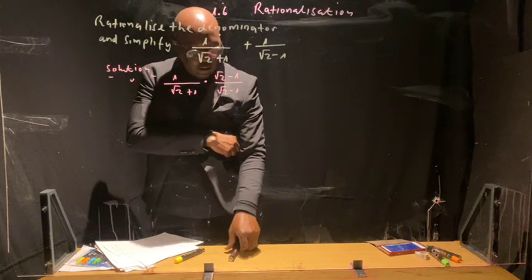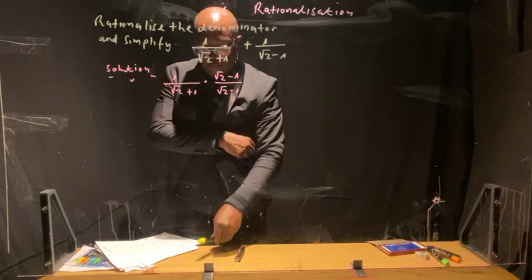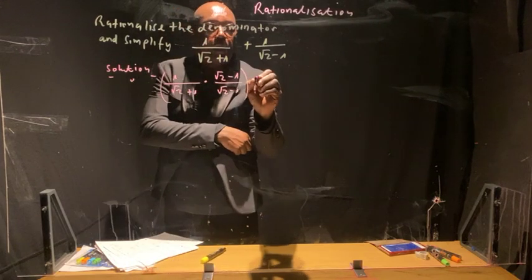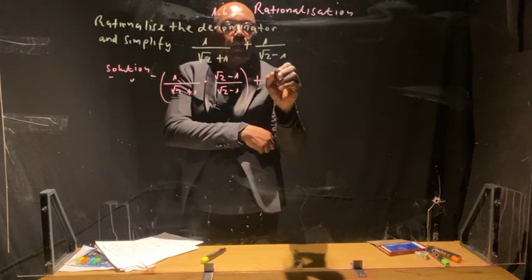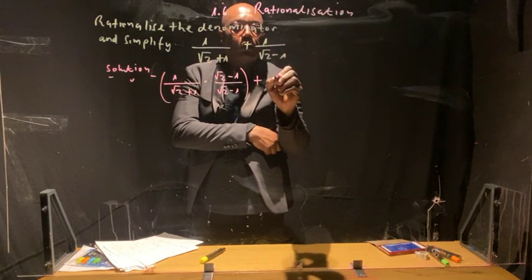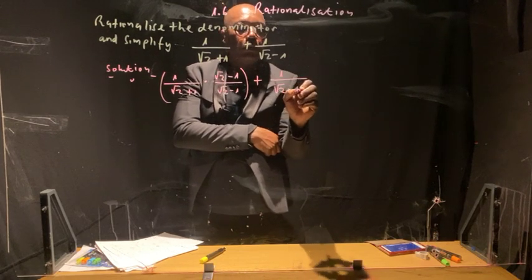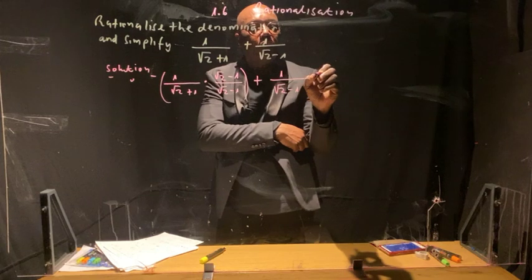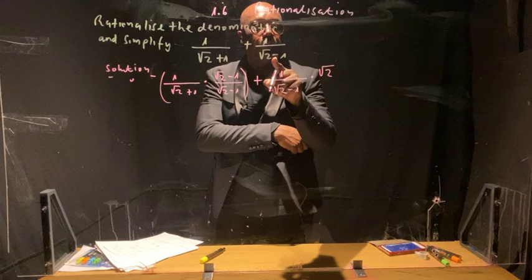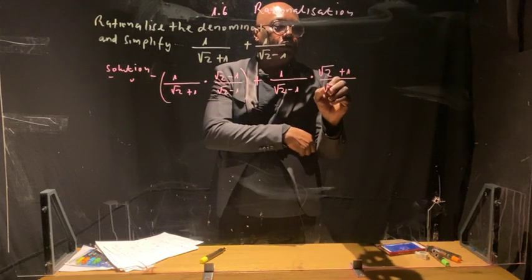Then we have this one plus this one, 1 over root 2 minus 1, and we rationalize it. At this time, we also change the sign. It is negative here, so it is going to be positive here. And we do the same thing for the denominator.